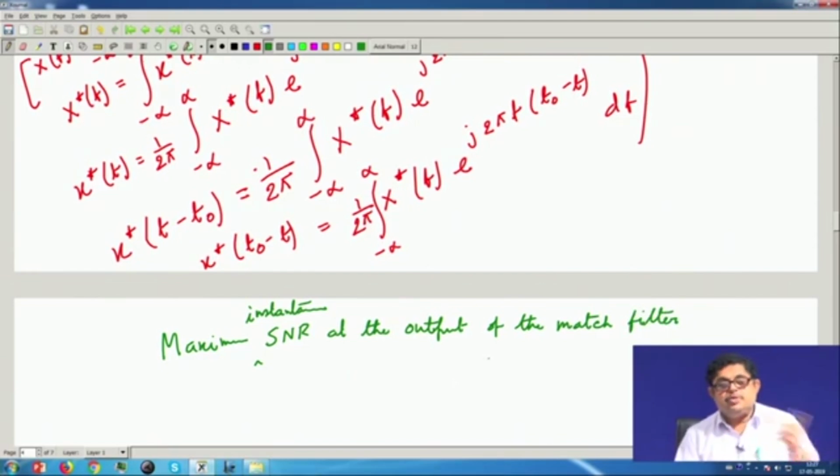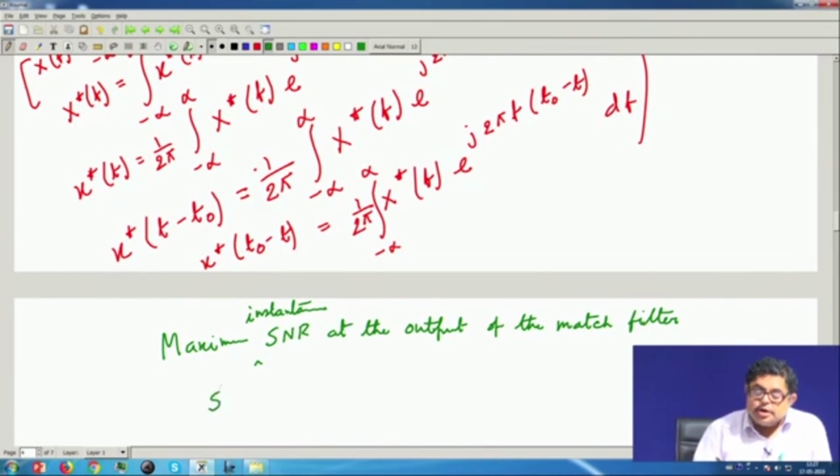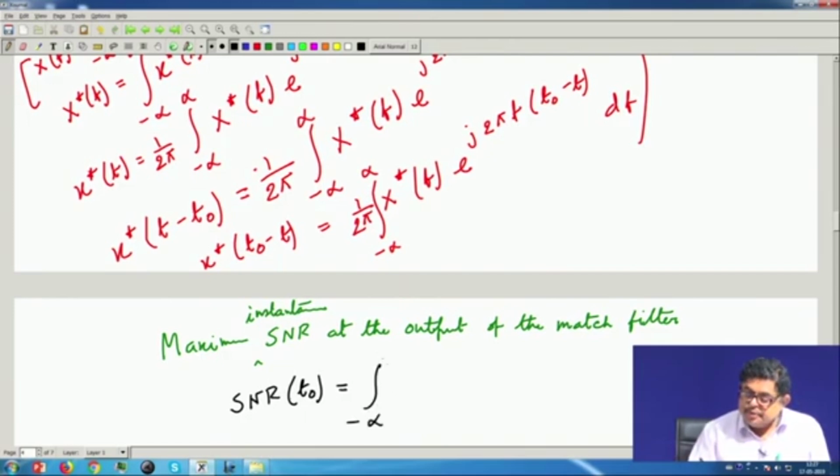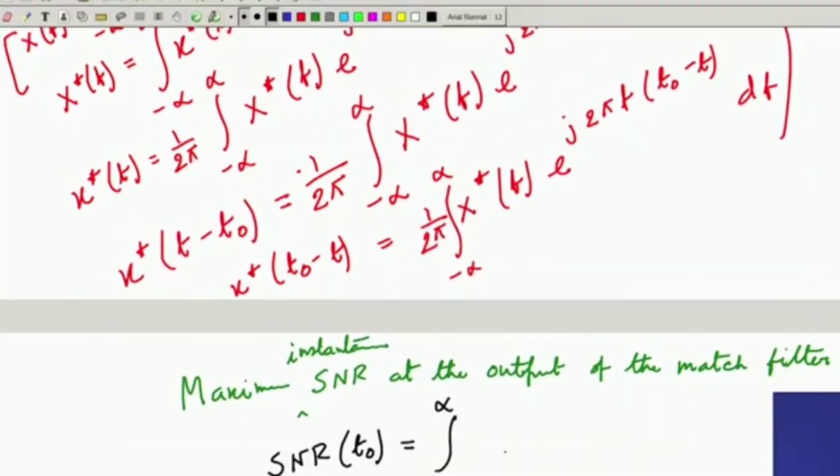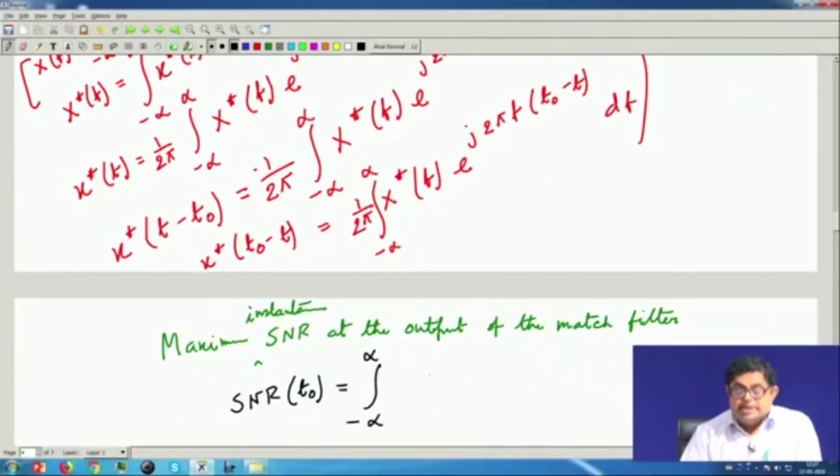We know from the Schwarz inequality, that time we have found, that I can call that SNR at the time t equal to t 0, that will be given by this, because we have seen from the Schwarz inequality, the maximum of that is the integral of |X2(f)| square df.